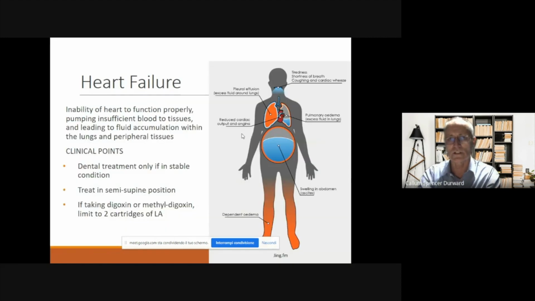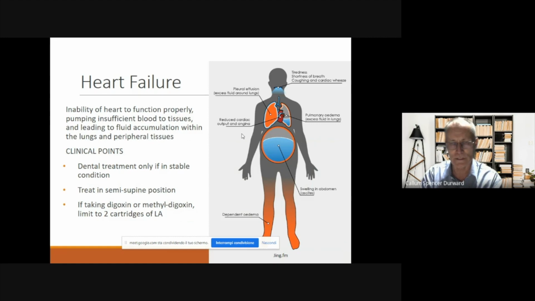The next condition is heart failure, and this is the inability of the heart to function properly, pumping insufficient blood to the tissues and leading to fluid accumulation within the lungs and the peripheral tissues. For these patients, only provide routine treatment if the patient is in a stable condition.